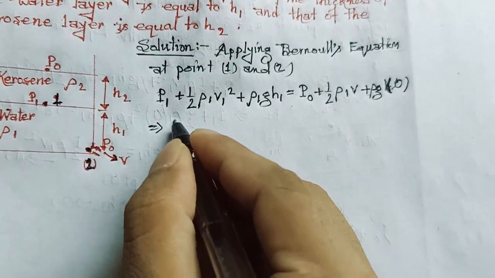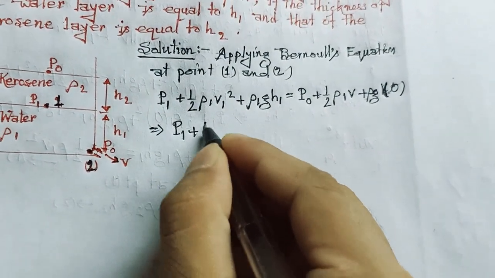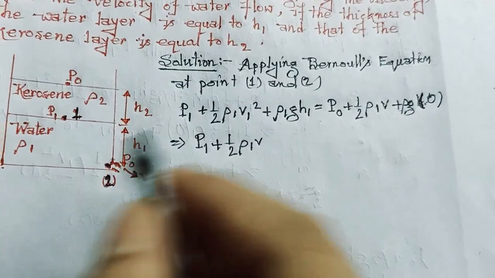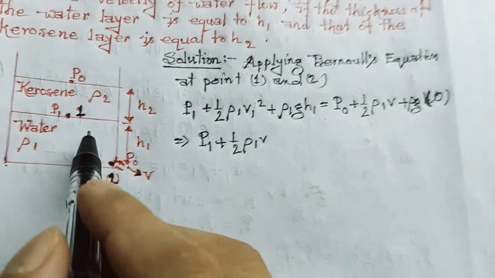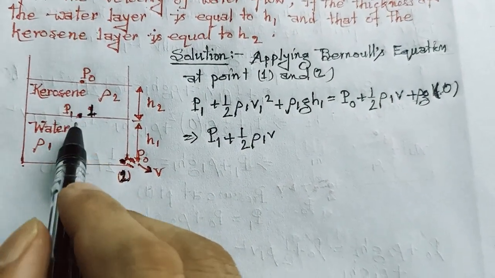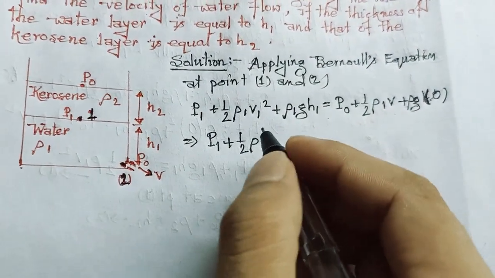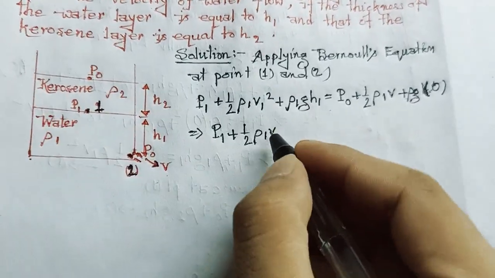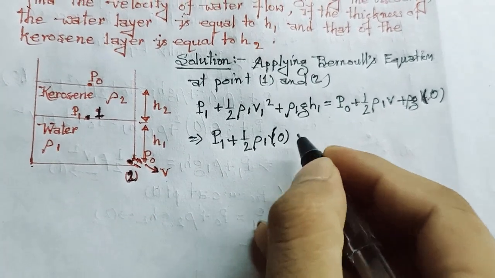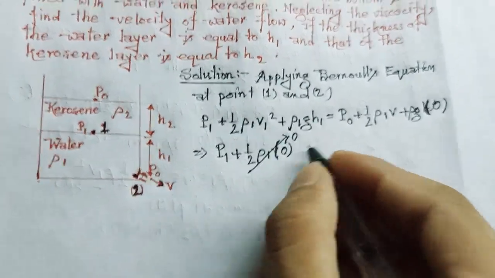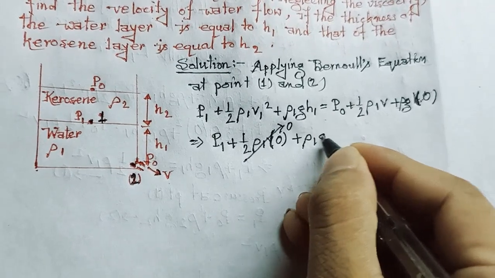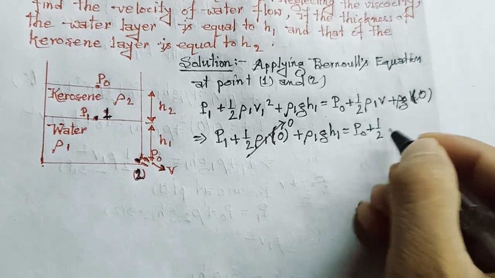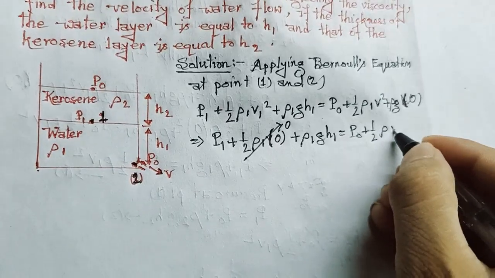V1 is approximately 0 because there is no velocity inside the container of the liquid, or in comparison to the velocity v, V1 is very small, so this term is also 0.